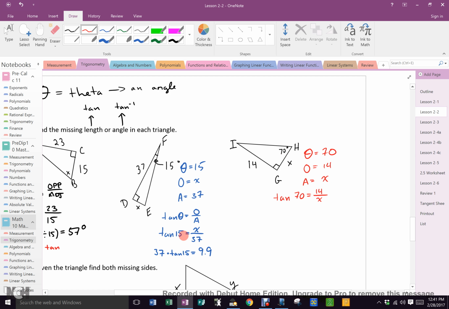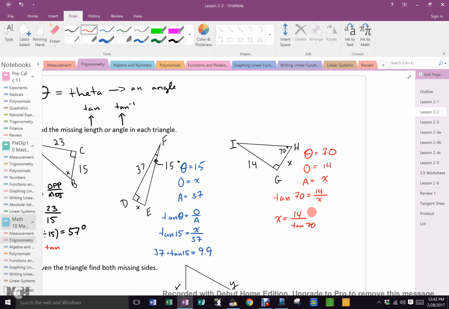When the number was on the bottom, we multiplied. So now we're going to divide. X equals 14 divided by tan 70. Punch that into your calculator. It's hard to do. Somebody is going to screw this up. You're going to write it out right, but you're not going to get the right answer. Some of you won't. I'm going to tell you how to fix it in a minute.